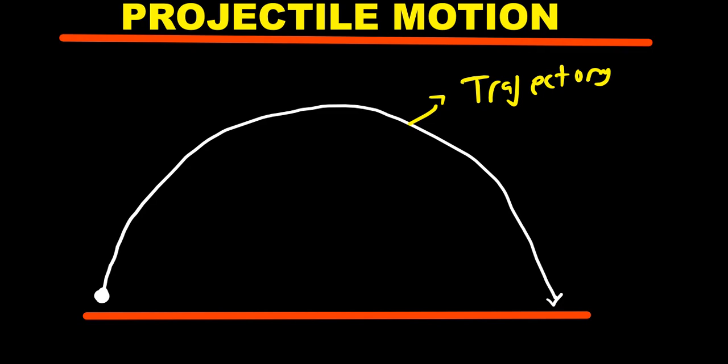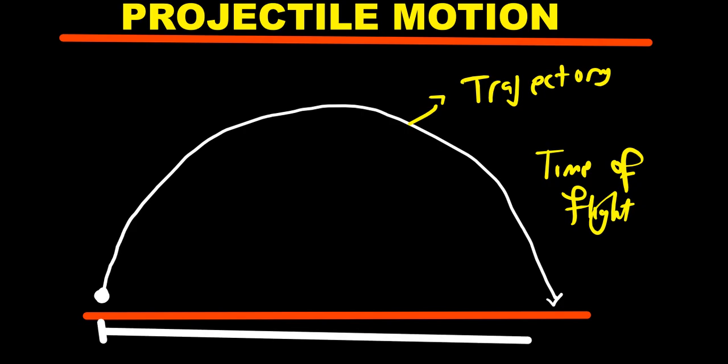Now the total time that it has taken for it to pass through this path is called the time of flight. Now you're able to see that this projectile has also covered a particular distance, from here to there.